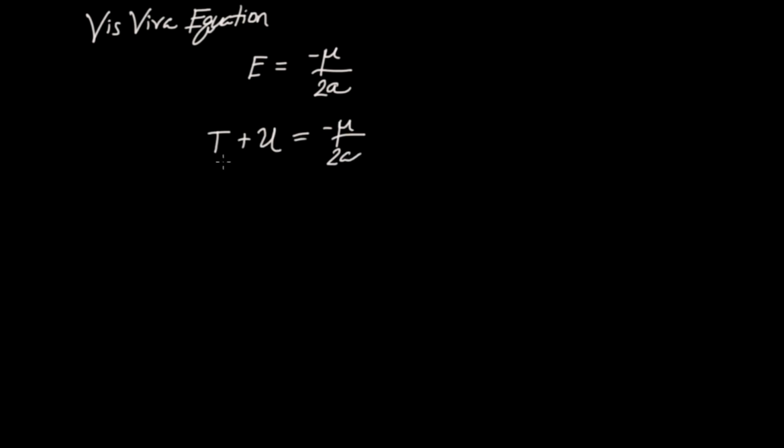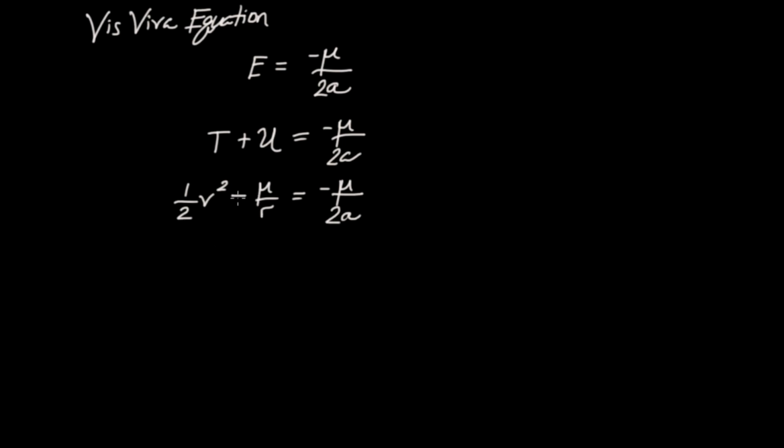These are actually the energies per unit mass. The kinetic energy per unit mass was just 1/2 v squared. And then the potential energy per unit mass was minus mu over r. And that's still equal to minus mu over 2a. And the Vis-Viva equation is going to be solved in terms of v squared. So I'm just going to solve for that term.